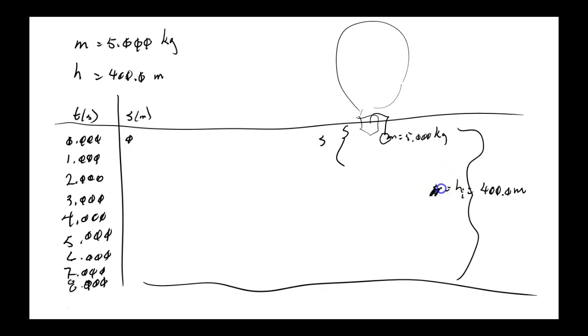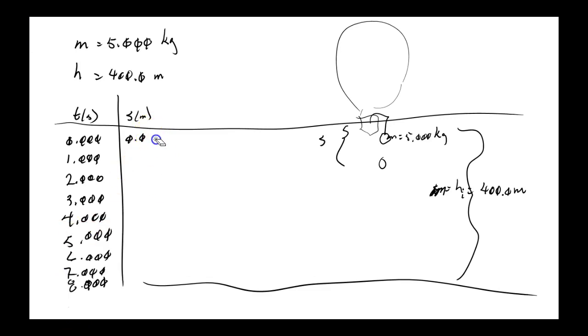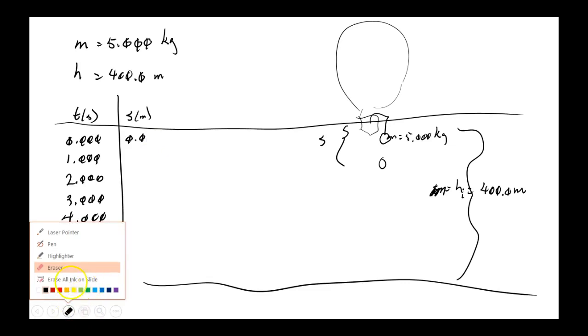This is still your height here. S is the distance that it's fallen in so many seconds. So at 0 second, it hasn't fallen yet. You haven't released it yet. So at 0 point. Now, here's the weird part. They only put 2 significant digits here. Now, I can't tell you why they're doing it this way. It's bizarre, okay?